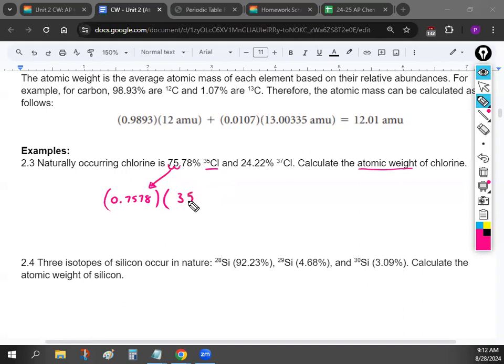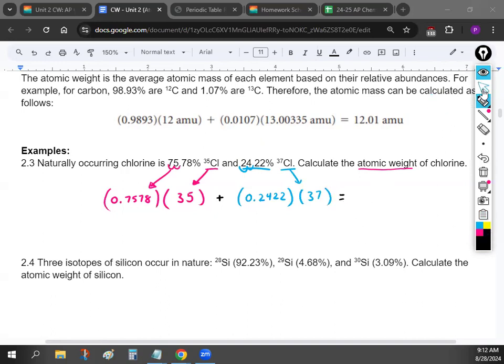Then we add that to the product of the other isotope. This one's 24.22%, so if you move the decimal twice to the left, that's 0.2422. Then you multiply that with the isotope number, which is 37.